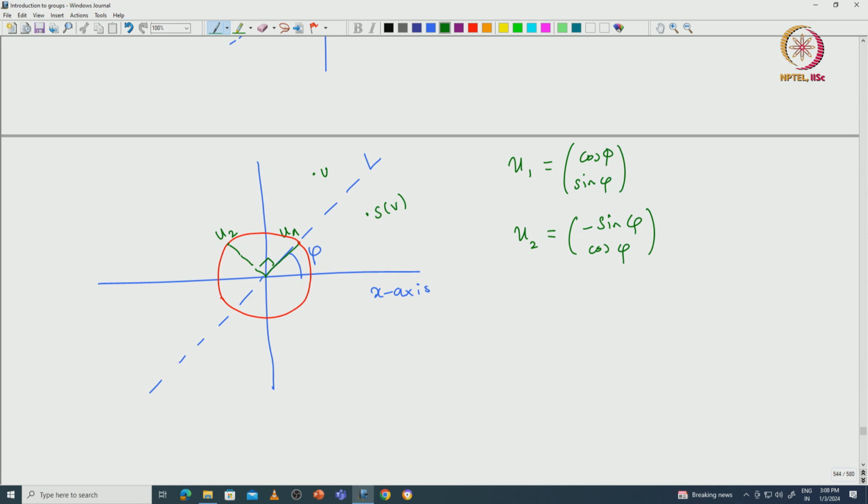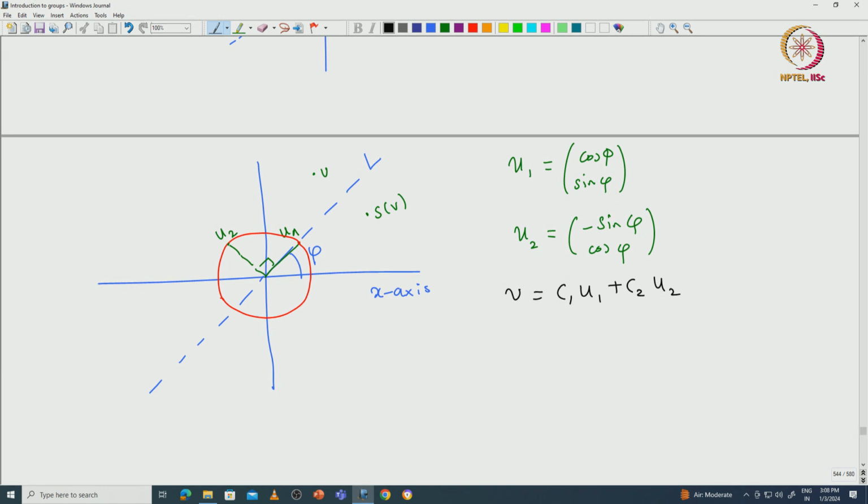Maybe let me use this black. So, this is going to be your V. You write this V as some C1 U1 plus C2 U2, because U1 and U2 are both unit vectors and orthogonal to each other. So, they form a basis for R2, and you can write it.